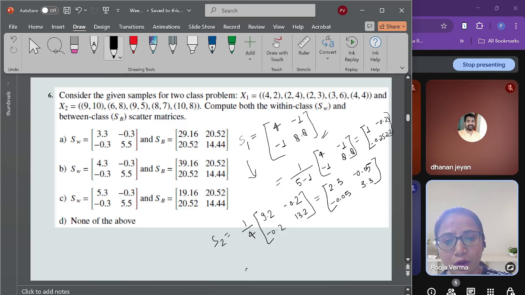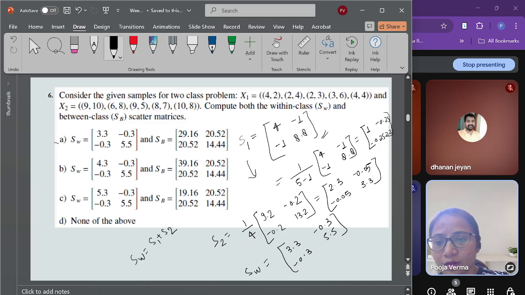Now SW, if you add these two matrices, that is S1 plus S2, you will get the answer 0.3, minus 0.3, and 5.5.